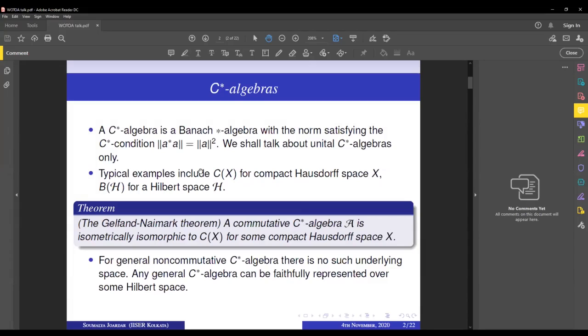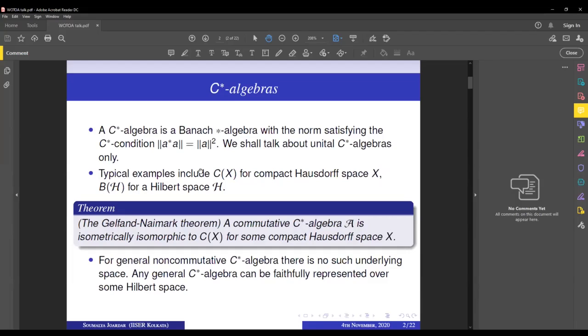Nonetheless, we think of any non-commutative C*-algebra as the non-commutative analog of a compact Hausdorff space. For any general C*-algebra, what we have is that we can at least faithfully represent it over some separable Hilbert space.